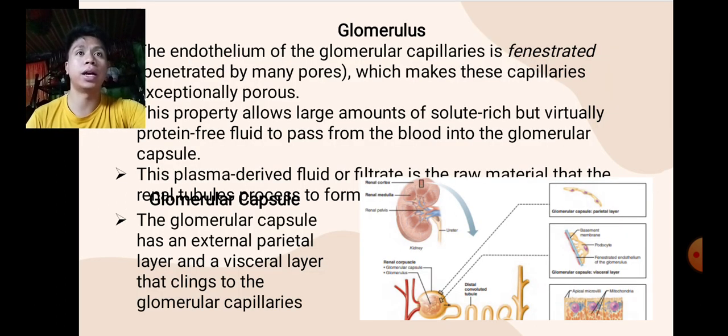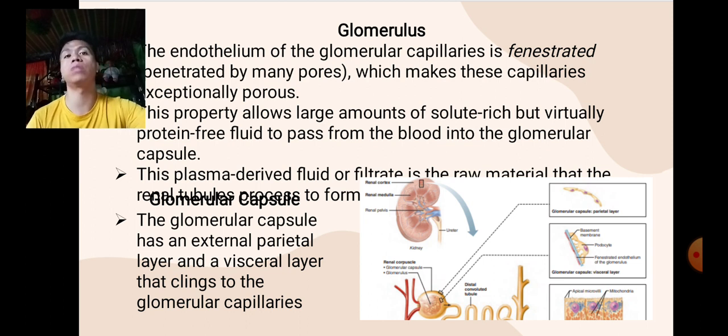And we have here the glomerulus. The endothelium of the glomerular capillaries is fenestrated, meaning it is penetrated by many pores, which makes the capillaries exceptionally porous, so it allows the fluid to pass through.